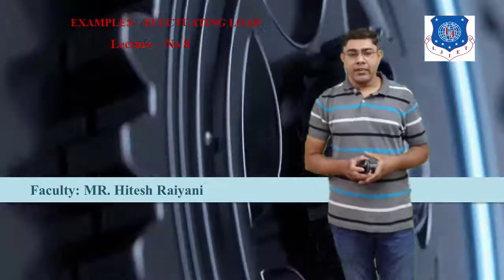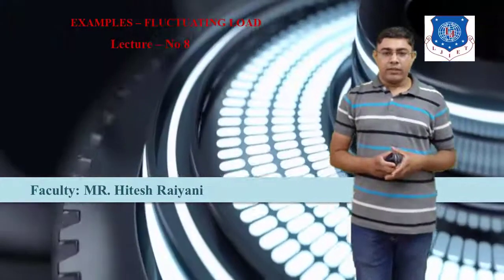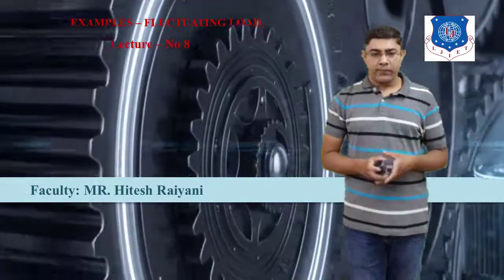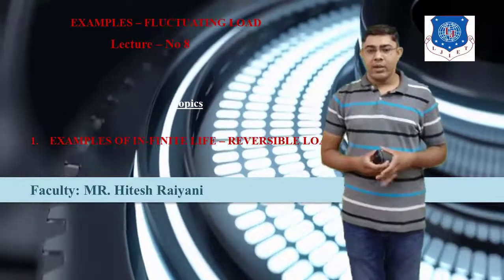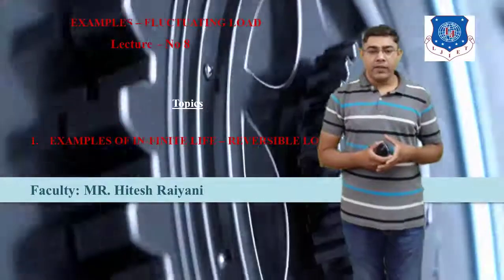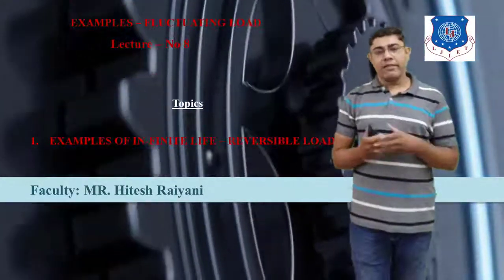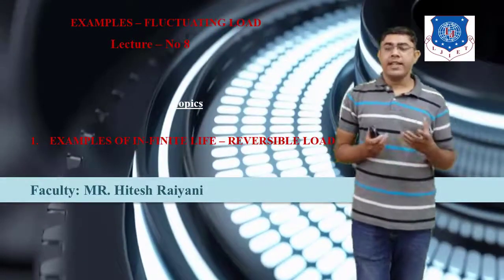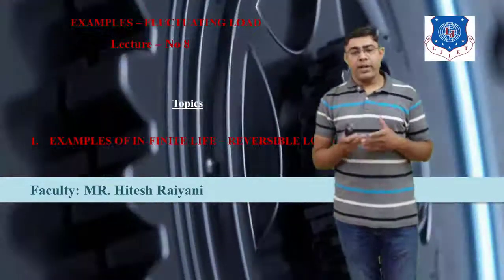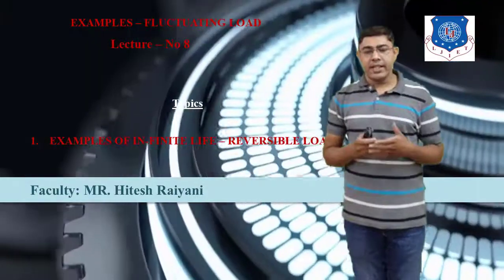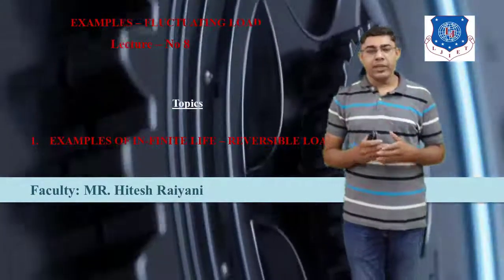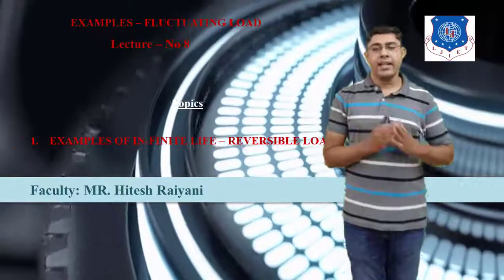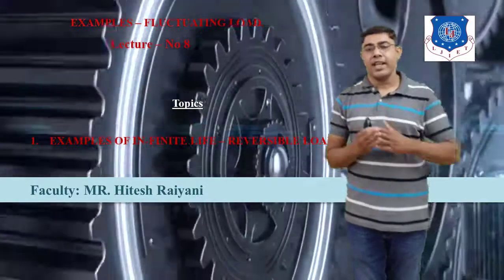Lecture 8, Example of Fluctuating Load. The learning outcome of this lecture is to learn an example of infinite life based on the reversible law. In previous lectures, we learned the different factors Ka, Kb, Kc, Kd, how to calculate them, and what AC dash is and the relationship between AC and AC dash.